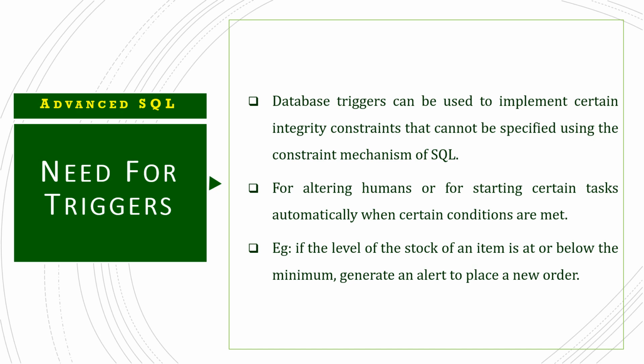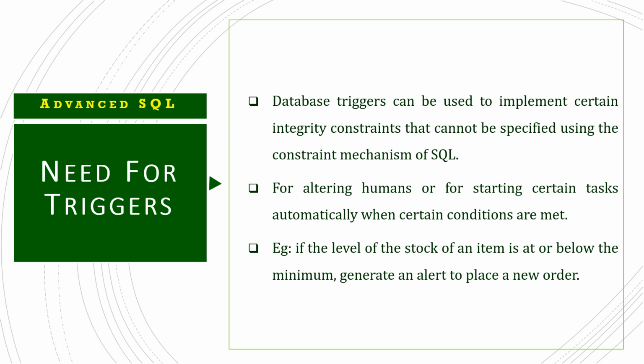For alerting humans or for starting certain tasks automatically when certain conditions are met, we can make use of triggers. For example, if the stock level of a particular item is at or below the reorder level, we need to generate an alert to place a new order.